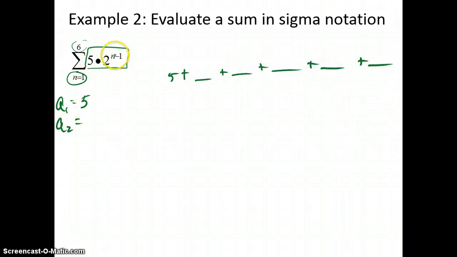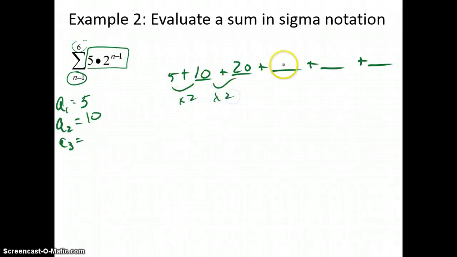When I plug 2 into this equation, I get 2 to the first, which is 2, times 5, which is 10. When I plug 3 in, I get 2 to the second, which is 4, times 5, which is 20. From here, I can identify this is multiplied by 2, this is multiplied by 2. That means the next one's going to be multiplied by 2. It's going to be 40, then 80, and then 160.